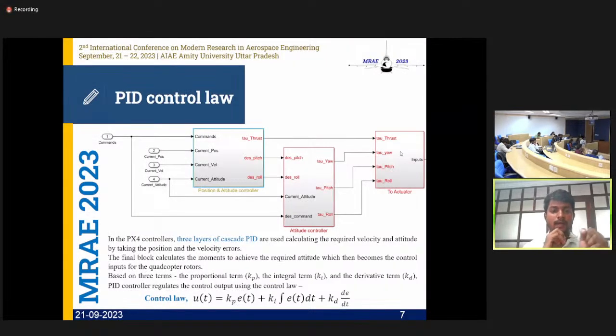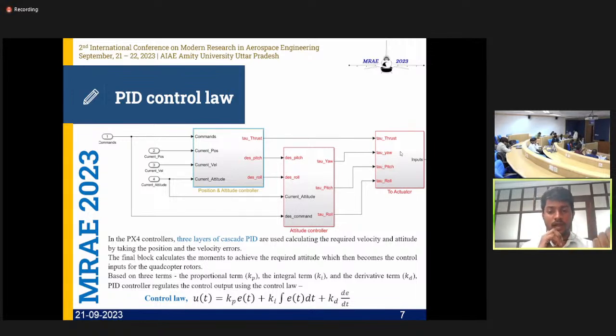Now comes the PID. As I told you, the linear PID has been used in this PX4 autopilot mode. Basically, they have used three layers of PID. The first is the position and altitude controller, and the second is the attitude controller.